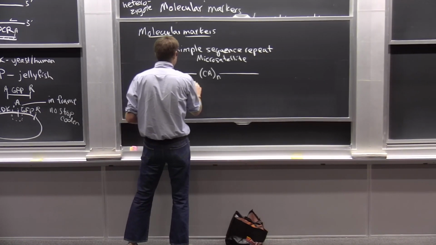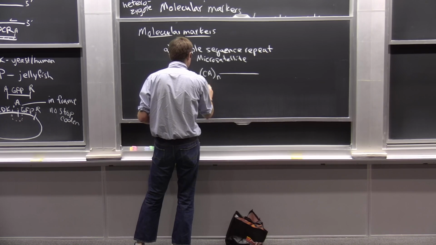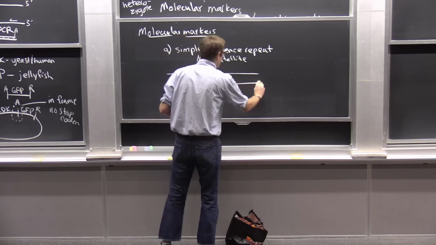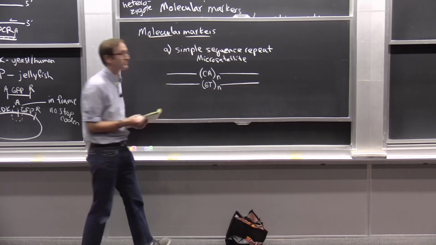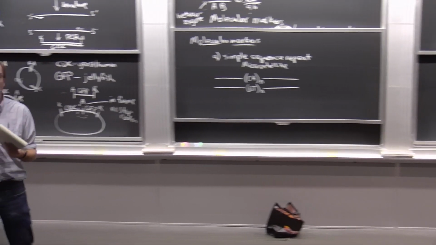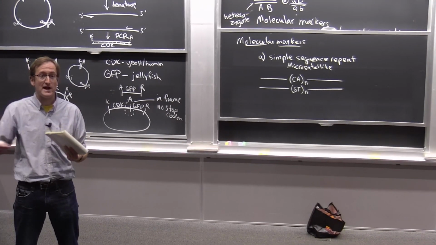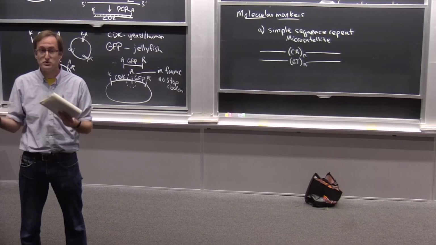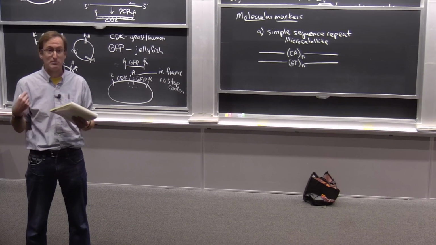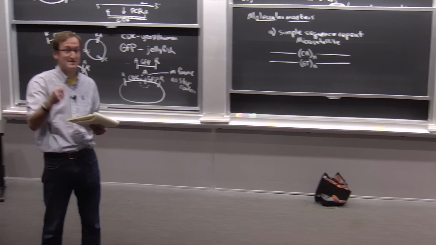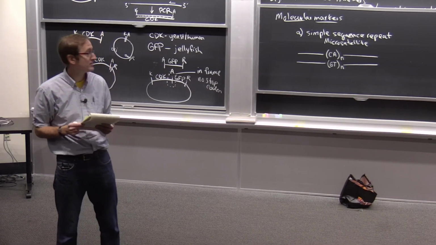In the opposite strand, you'd have unique sequence, the complement of CA, which is GT, and then again, unique sequence, okay? And so there's variation in the number of repeats of the CA, and so there's polymorphism, so we can use this to establish linkage between this marker and a phenotype like a disease phenotype, okay?